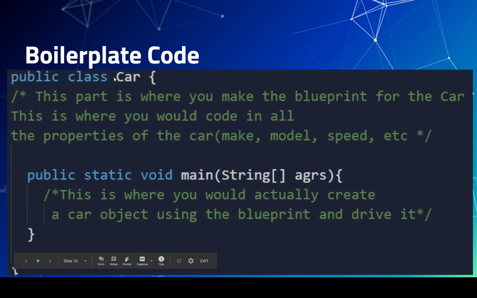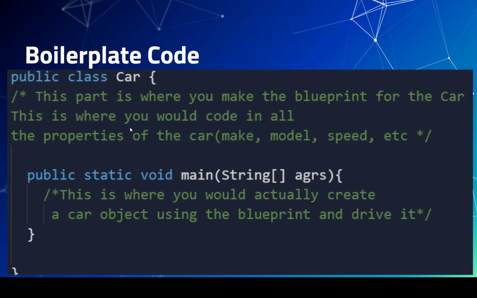You would have this, but now you are actually going to care about the space between public class and public static void main. Usually you don't care about this space when you're just in the intro class, but now we can actually put things here. We can put a variable right here, or we can put a method right here.